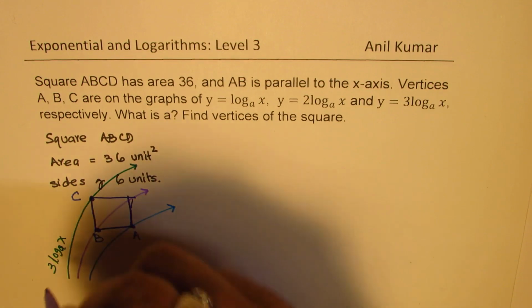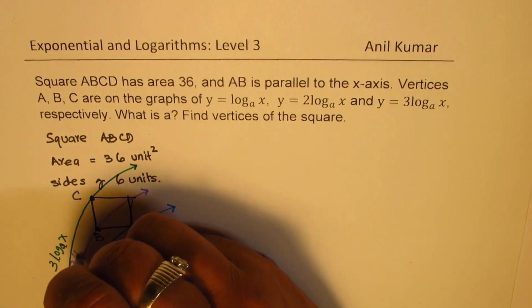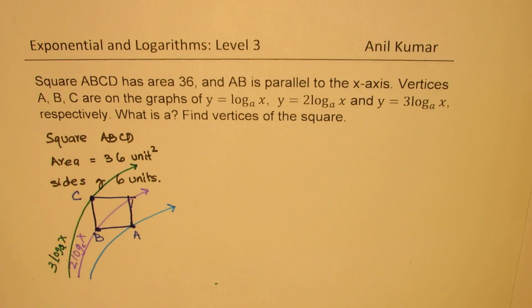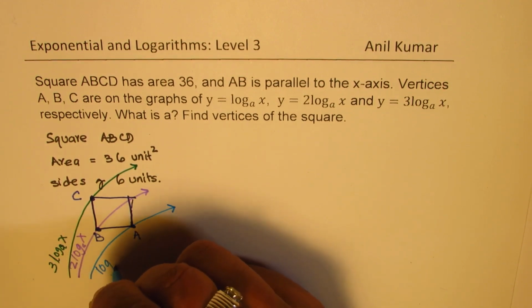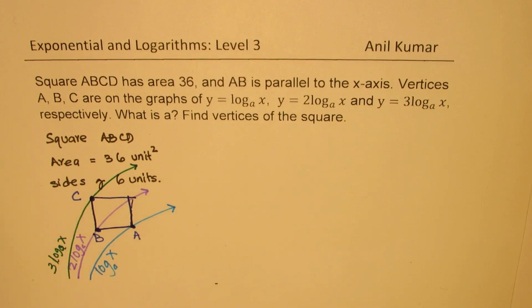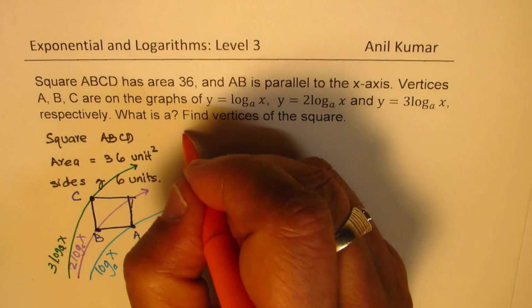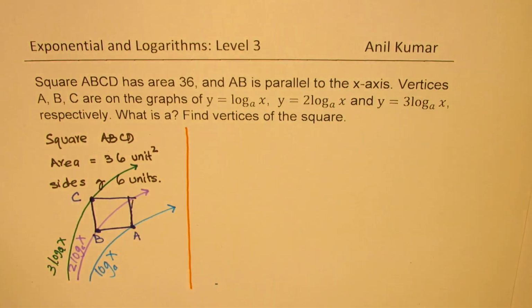The second graph here is 2 times log to the base a of x, and the first one shown is log to the base a of x, correct? So these are the 3 graphs, and that is the square. Now since the diagram is very clear to us, it is simpler to answer this question. You can now pause the video and answer it.